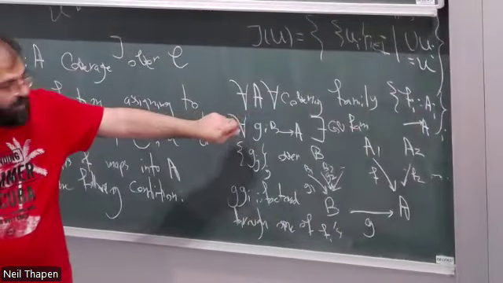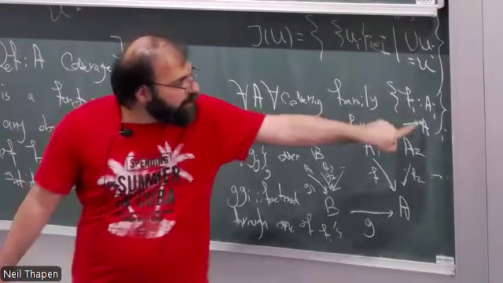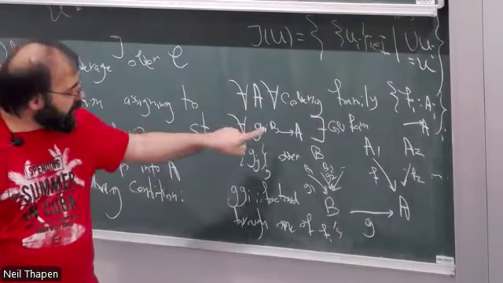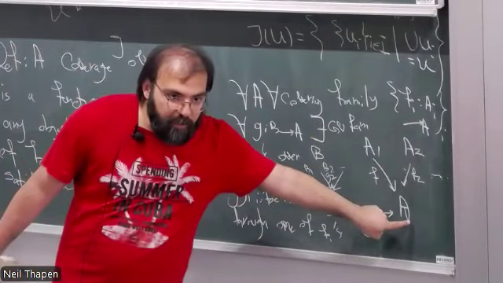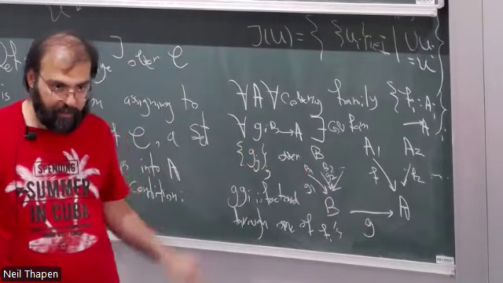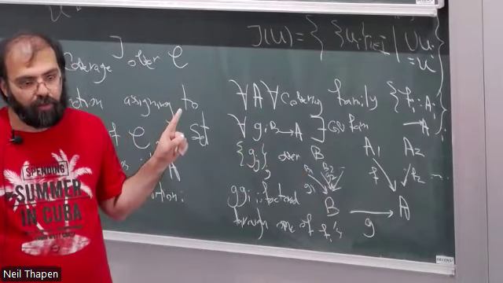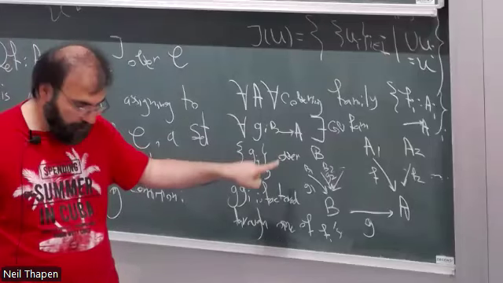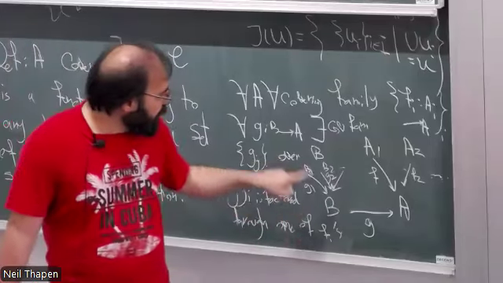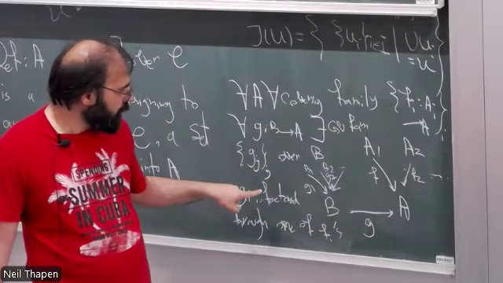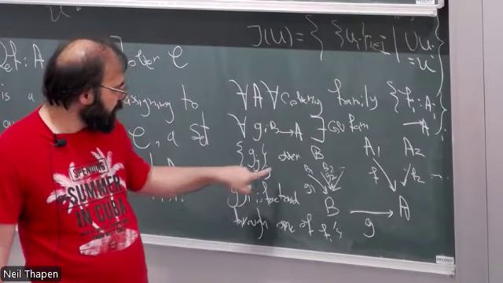For any A, for any covering family like this from A_i to A, for any G from B to A, G is a function. G is a map in the category C. We are in some category C, right? So for any map, there exists a covering family over B, G_j. Is a covering family.